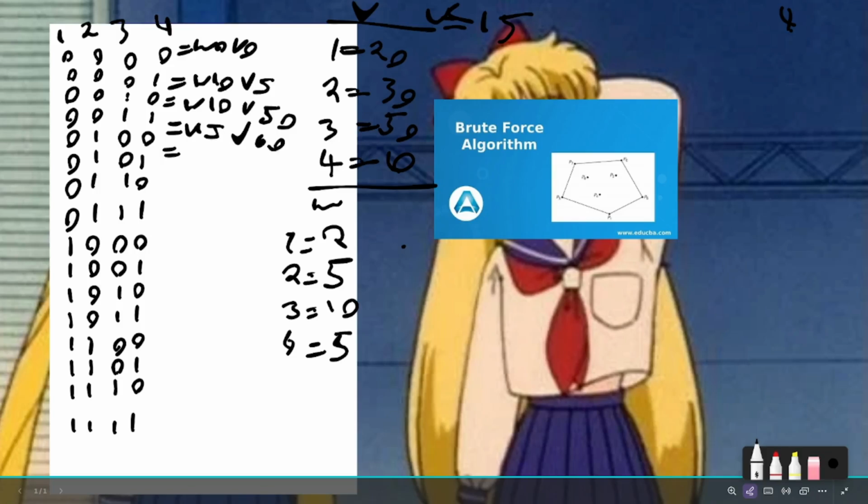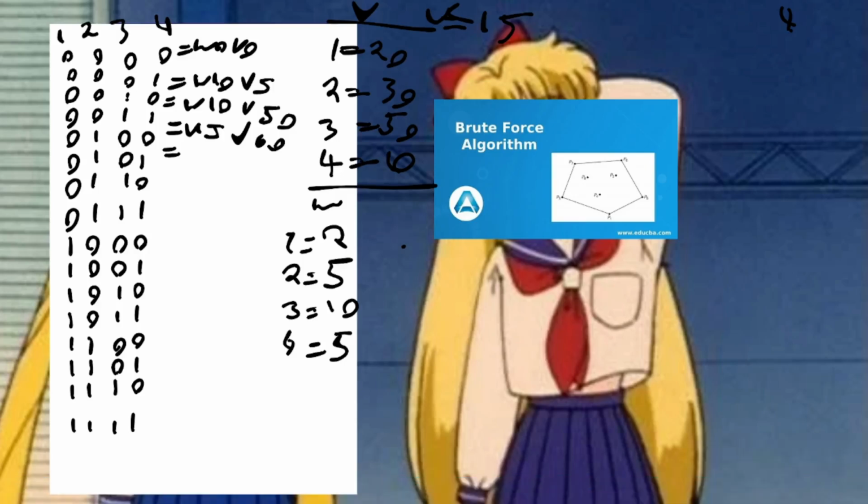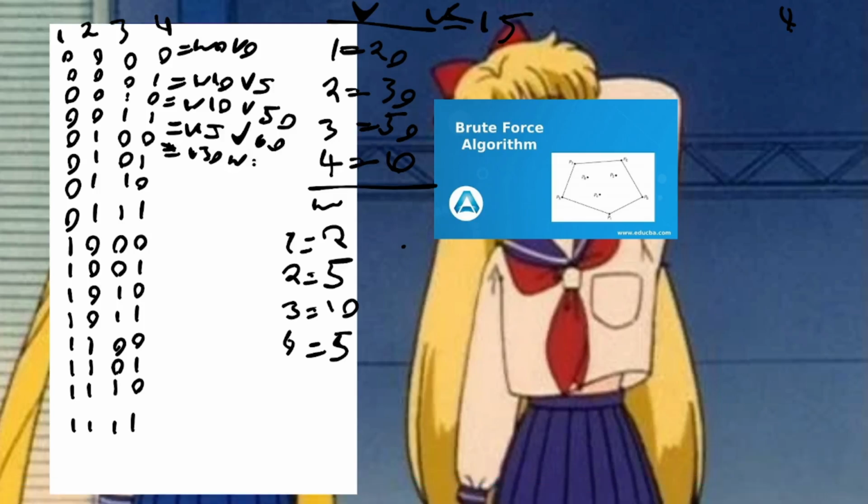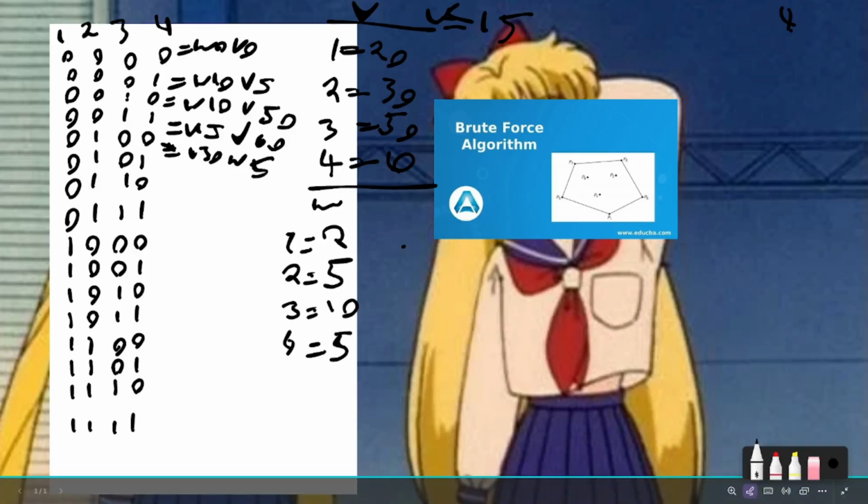That's a contender. And if we just have 2, it's going to be just 30. And the weight is equal to 5. Whoops. Ooh, this is turning into a real hot mess.